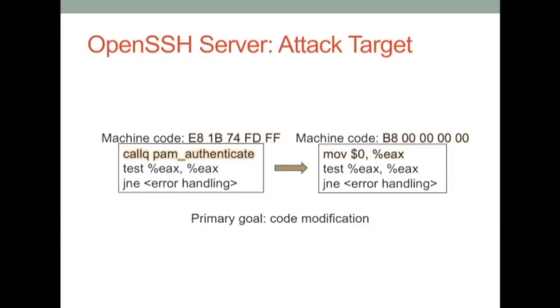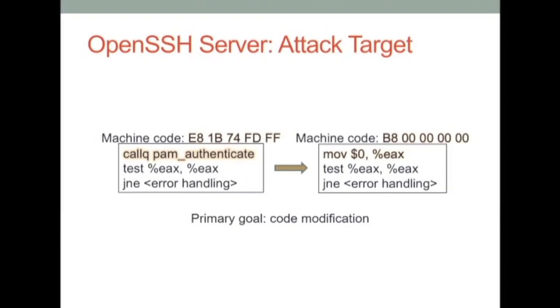When the user tries to authenticate himself, the PAM authenticate function will be called, and the return value will be stored in EAX. Depending on the value of EAX, if the value is 0, that means the authentication was successful, and otherwise it will jump to the error handling process.